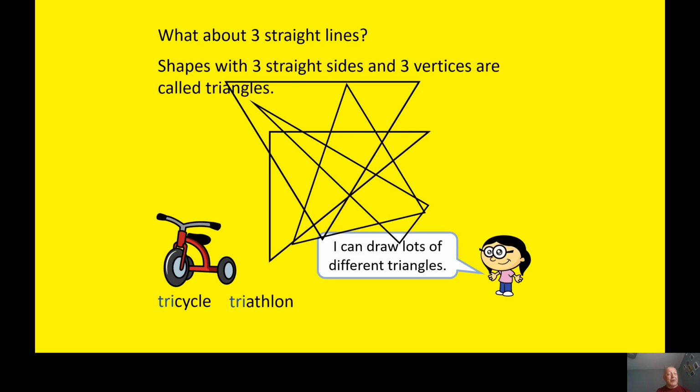Okay, what about 3 straight lines? Well, there we go. That's a shape. And so is that. And so is that. And in actual fact, you'll be able to tell me that these are all triangles. What's the name of the first triangle?